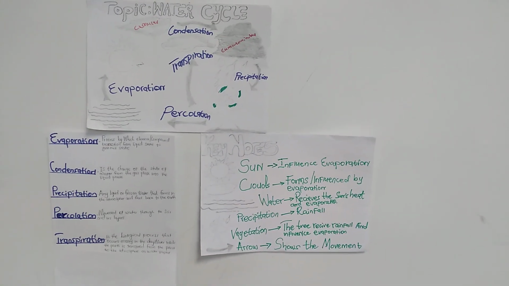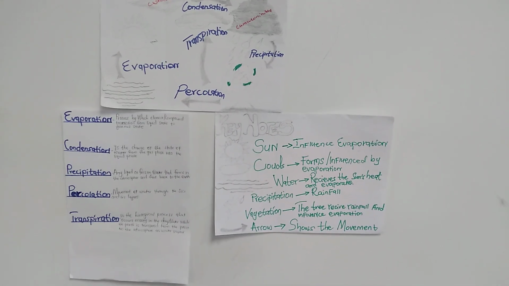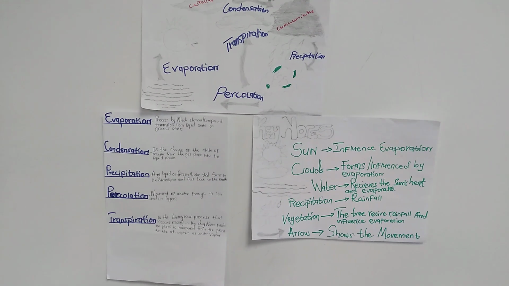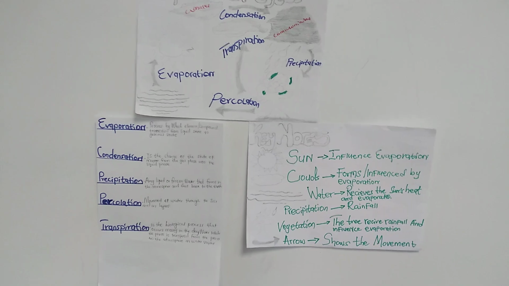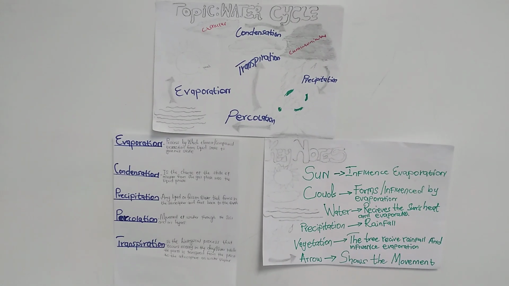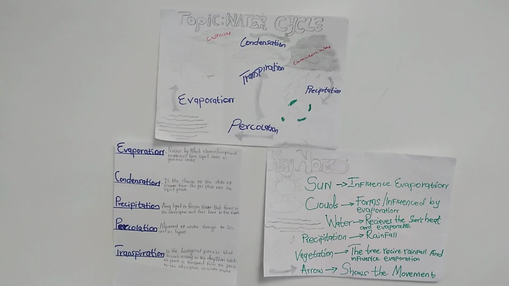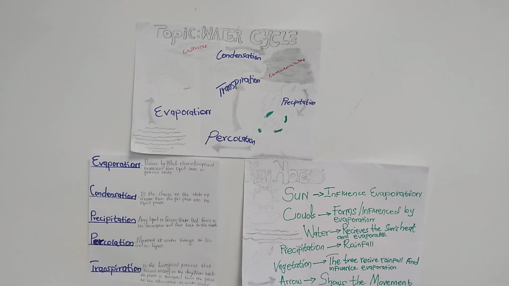We've got the sun, the clouds, the water, the precipitation, the vegetation, and the arrows. The sun is represented with its diagram, and it influences evaporation. Then we've got the clouds that form, which are also influenced by evaporation. They hold the gas and wait for the time to release that gas as water.